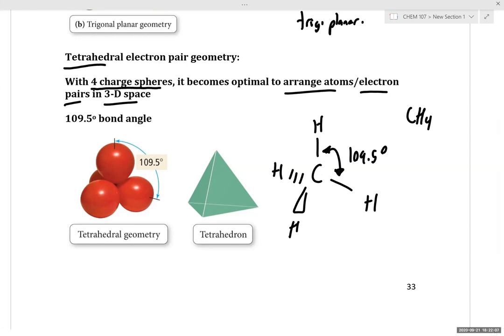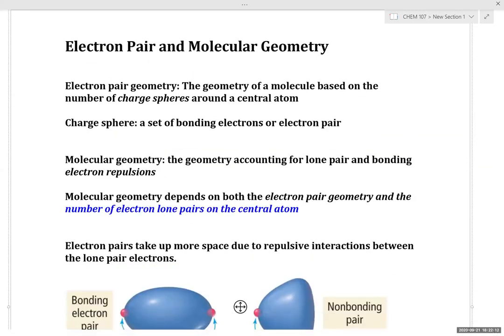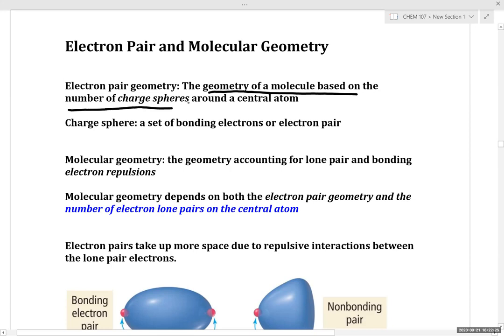We're now going to add a little more nuance to this. The electron pair geometry is a rough outline of our molecular shape. It is the geometry of our molecule based on the number of charge spheres.